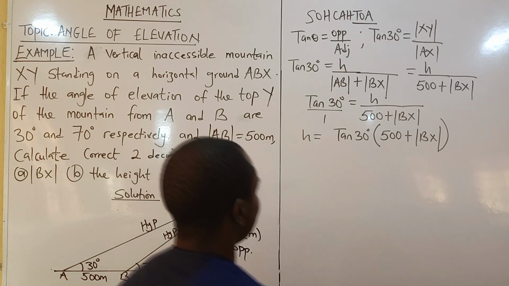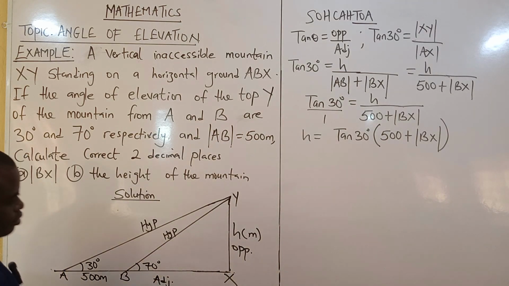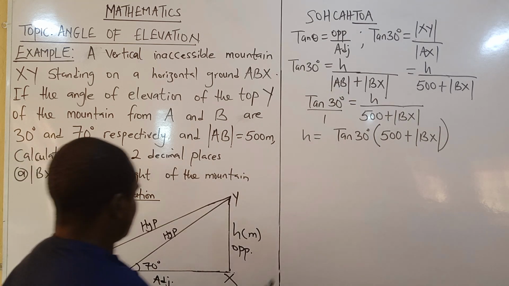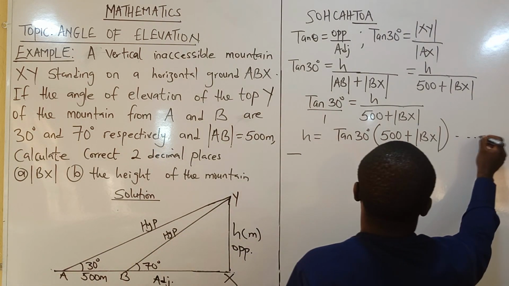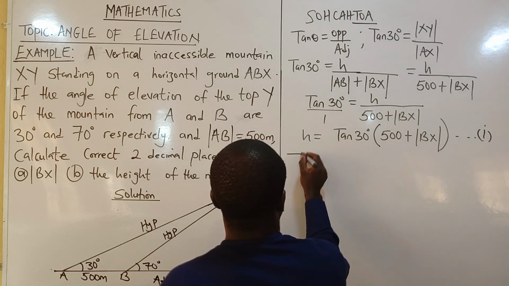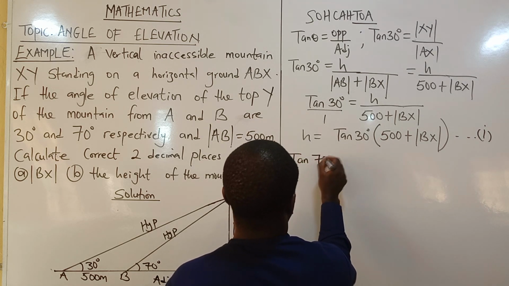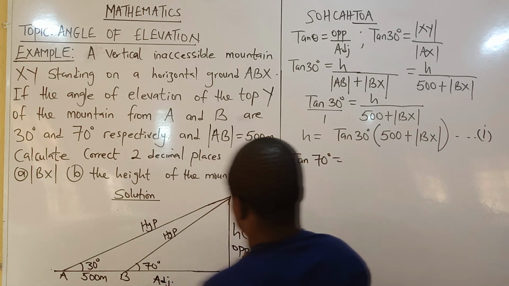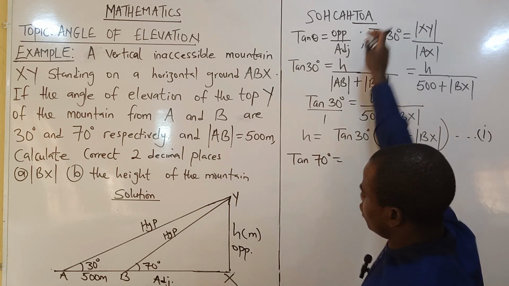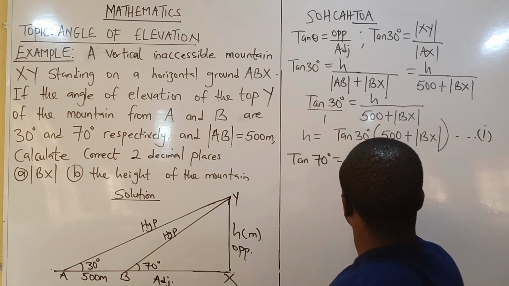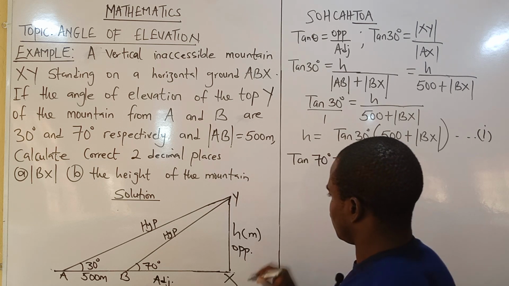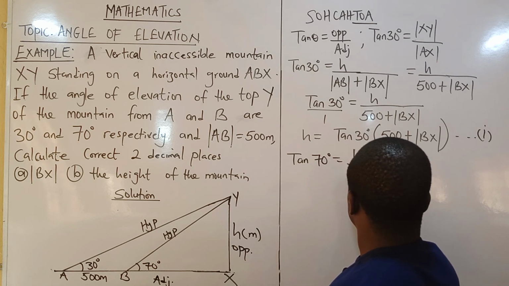Okay, now let's see the other angle. We have tan 70 degrees also. Let's call that equation 1. Tan 70 degrees equals opposite over adjacent, which is H over line BX.